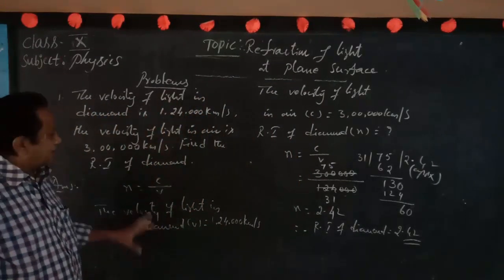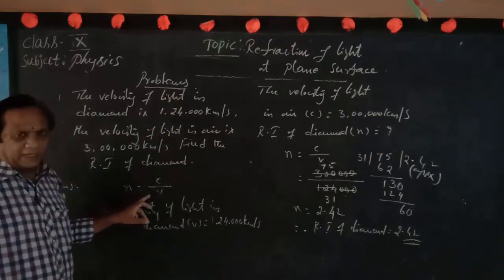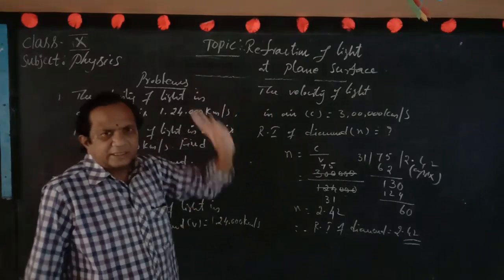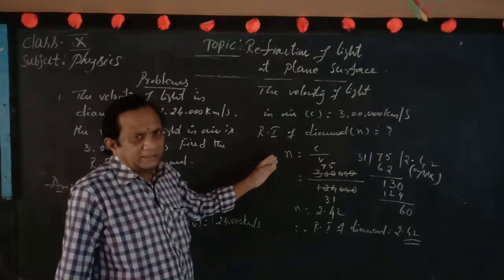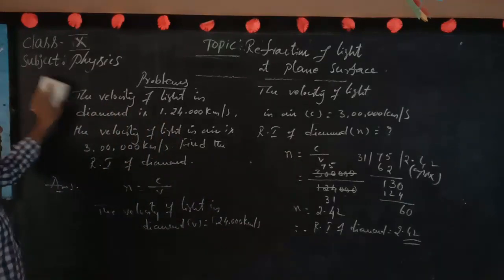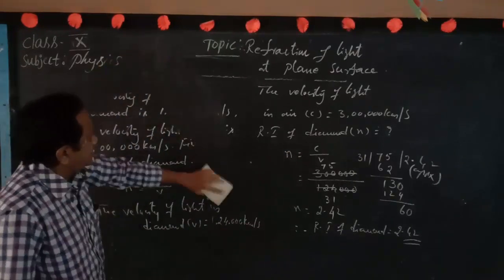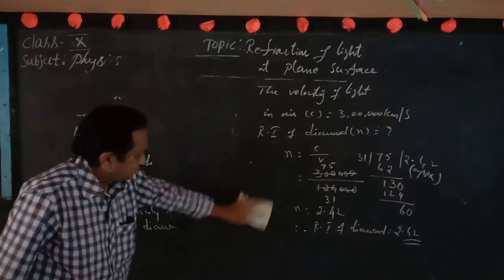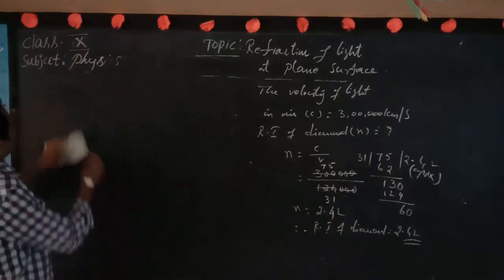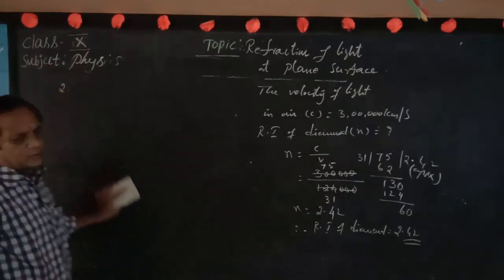Okay. So to prove it like this, n is equal to c by v. Remember, the velocity in diamond and the velocity of light will be given, then to calculate the refractive index, n is equal to c by v. So this is the first one. Next, the second problem to be considered.